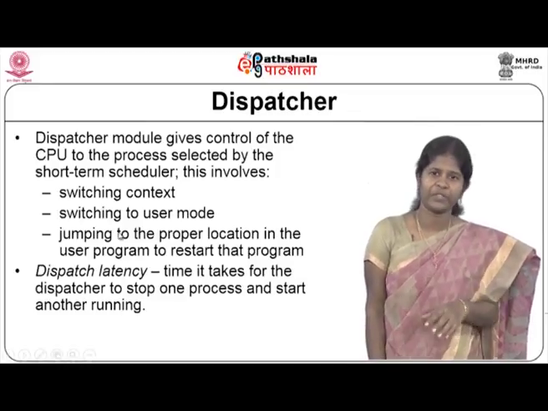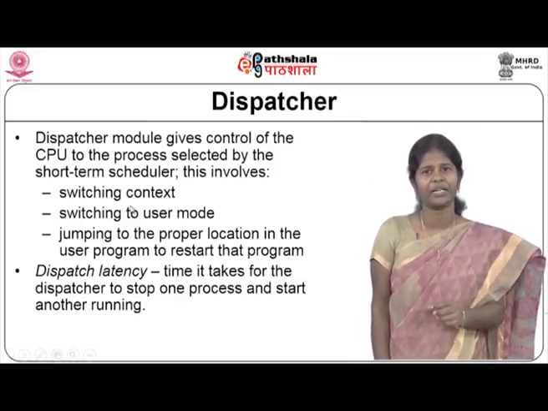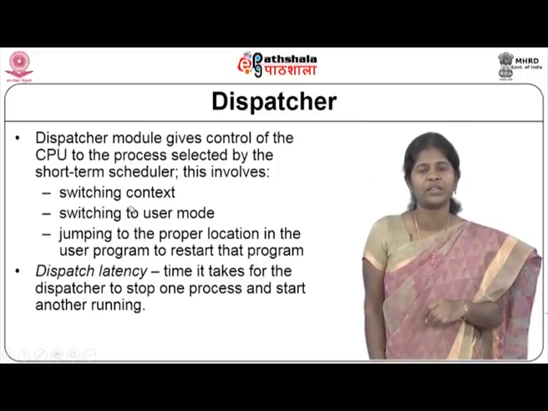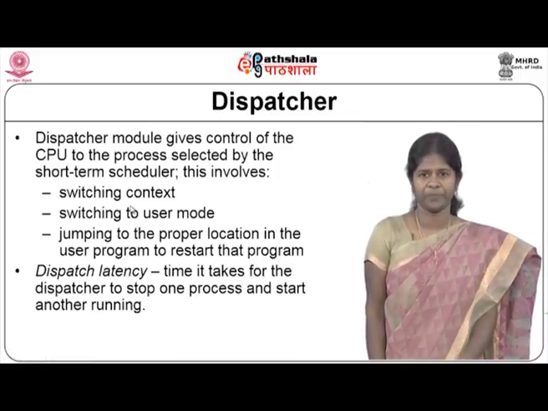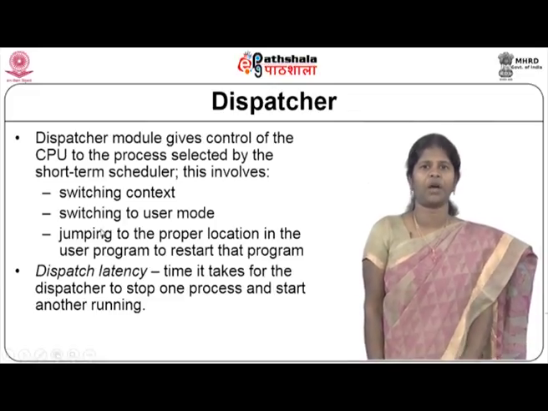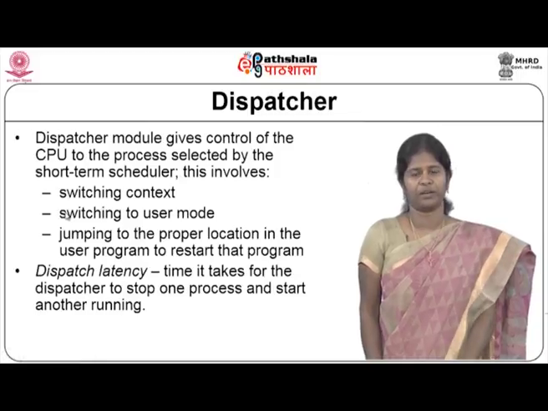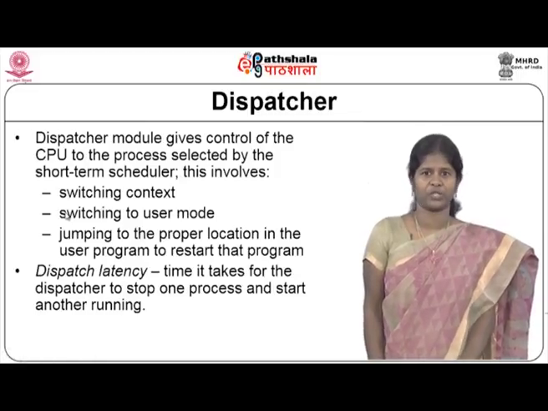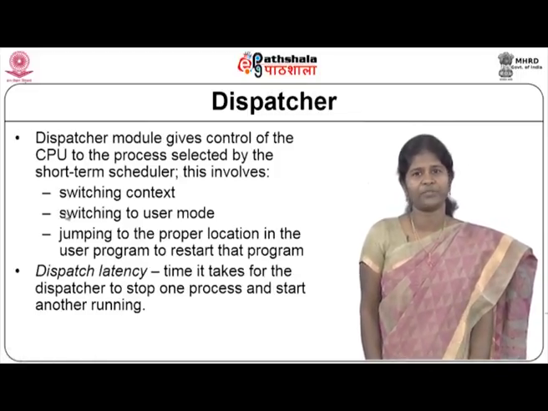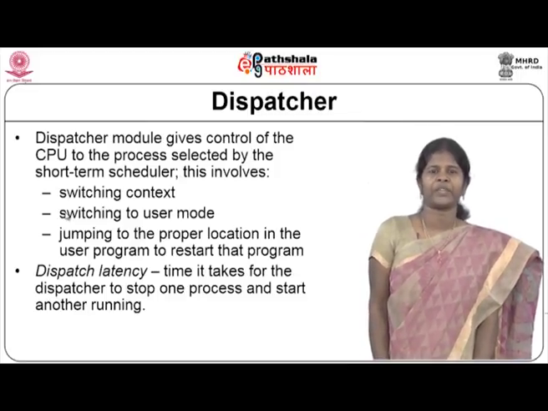That is, after the CPU scheduler had selected which process should be given the CPU, the dispatcher takes some amount of time to switch the context, to switch the process to the user mode, to find out the location from which it has to start executing, and so on.